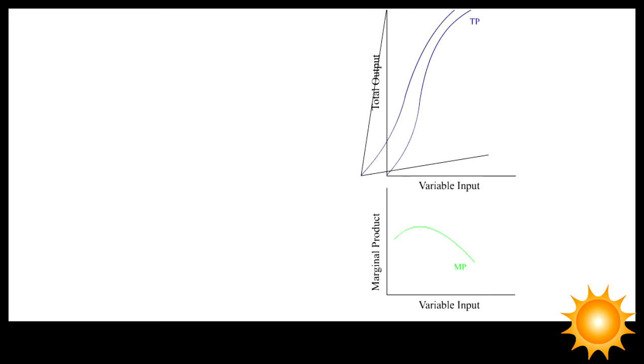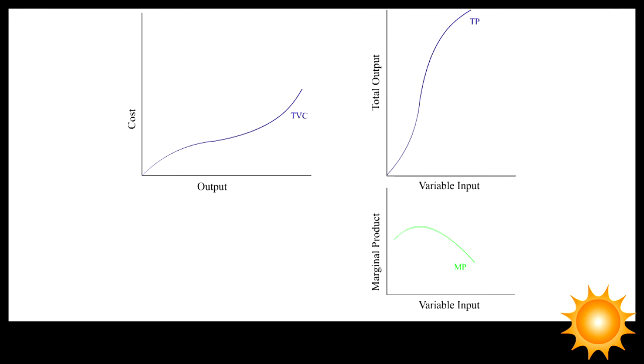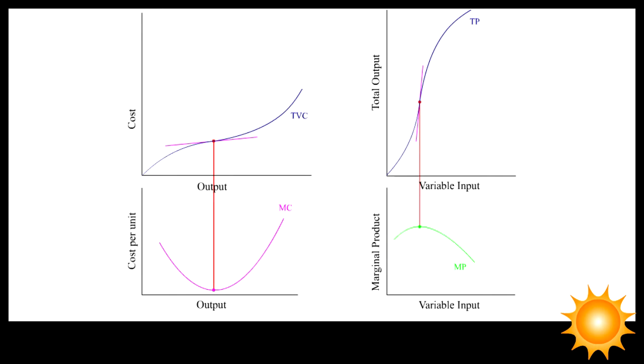Since TVC is a mirror image of TP, there is a one-to-one correspondence between segments of the two curves. When MP is increasing, MC is decreasing. When MP is decreasing, MC is increasing. So when MP reaches its maximum, MC reaches its minimum.